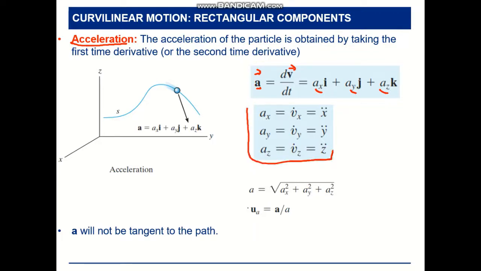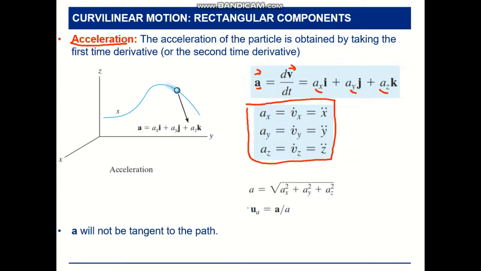And then we can represent the x direction acceleration as the first derivative of the x direction velocity, or the second derivative of the x position, and the y direction acceleration as the first derivative of the y direction velocity, or the second derivative of the y position, and the z direction acceleration as the first derivative of the z velocity, or the double derivative of the z position.